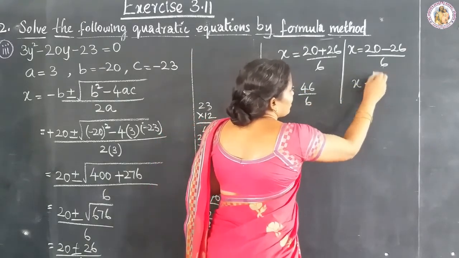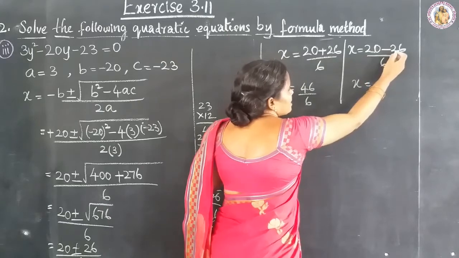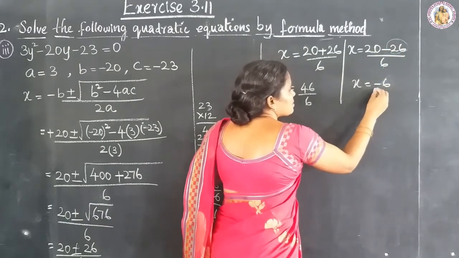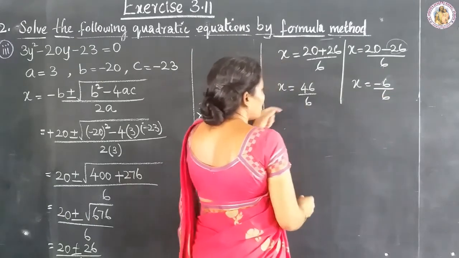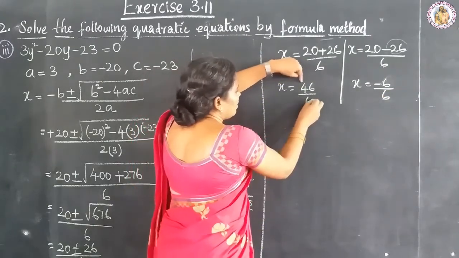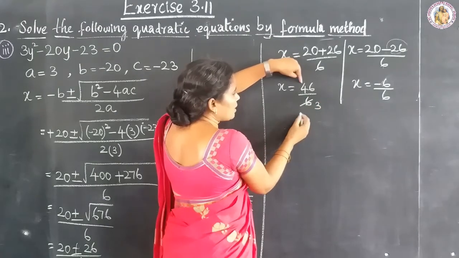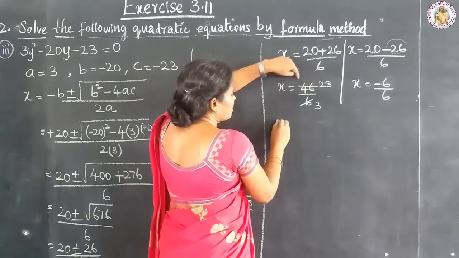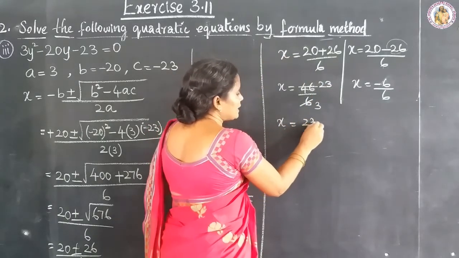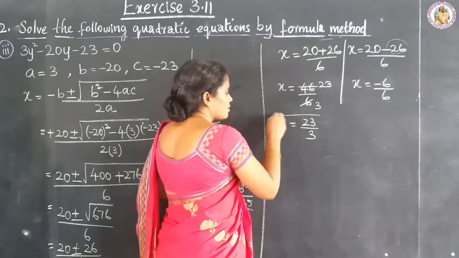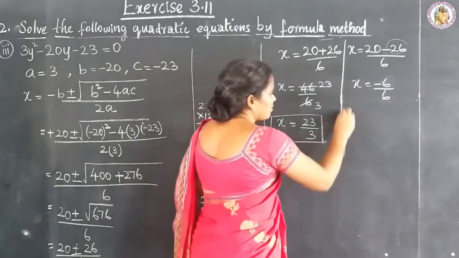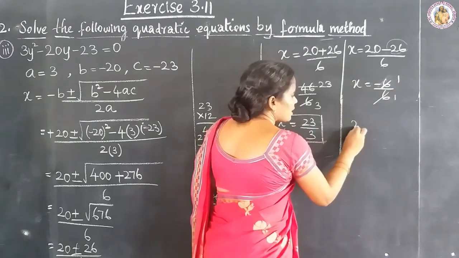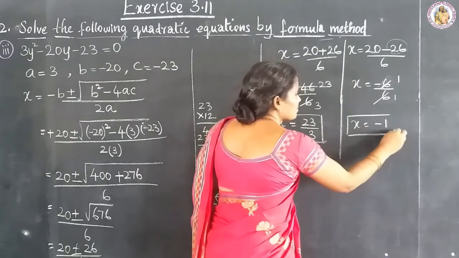And here x is equal to 20 minus 26, since 26 is greater, so minus, right? Minus 6 by 6. Okay, now 46. 3 2s are 6. Go with the 2 tables. 2 2s are 4, 2 3s are 6. So x is equal to 23 by 3. And here 6 1s are 6. So it is minus 1. So x is equal to minus 1.